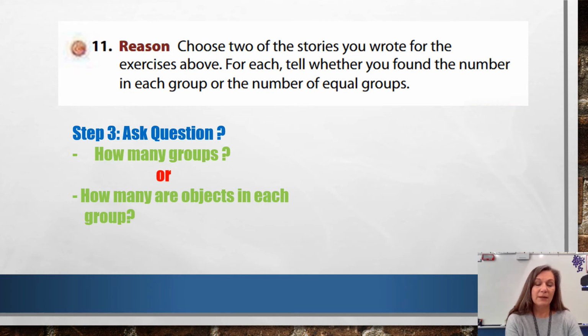If you think about the last problem that we just talked about, the pencils, we wanted to know how many drawers Riley was going to use to put the pencils in. So we were asked to solve for how many groups he would have.